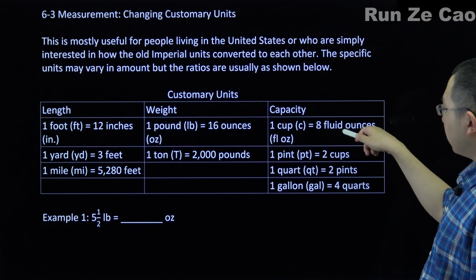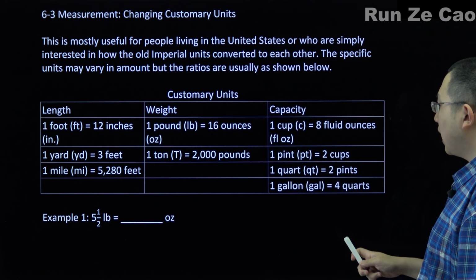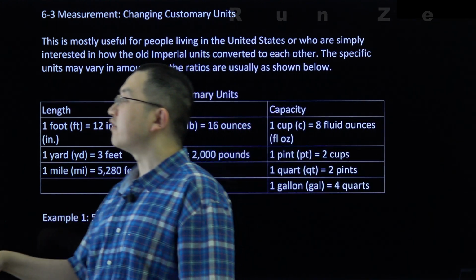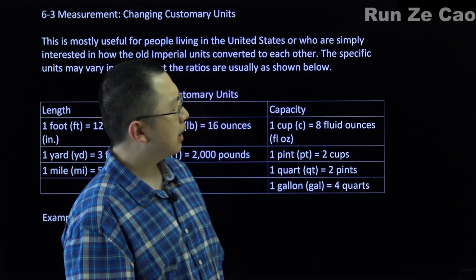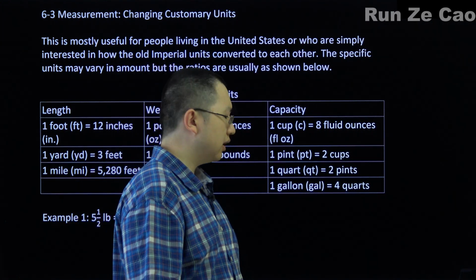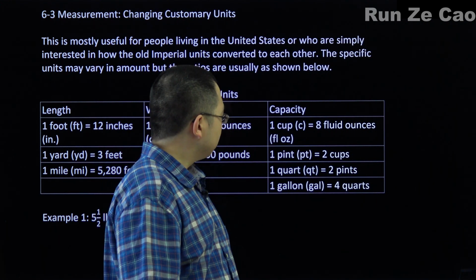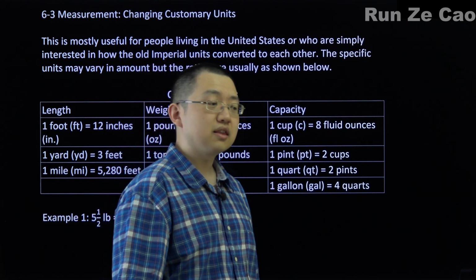So a cup is 8 fluid ounces. A pint is 2 cups. That's what it means if you get, say, a pint of beer. It's actually still very common in the UK, I think, even though the British have converted to metric, to talk about going for a pint at the bar or at the pub.